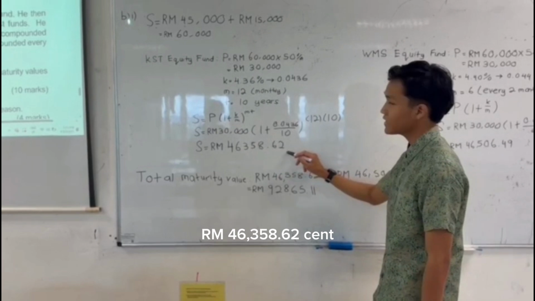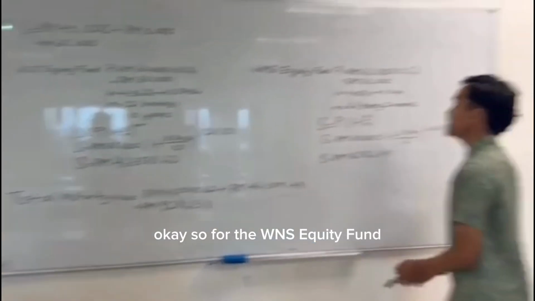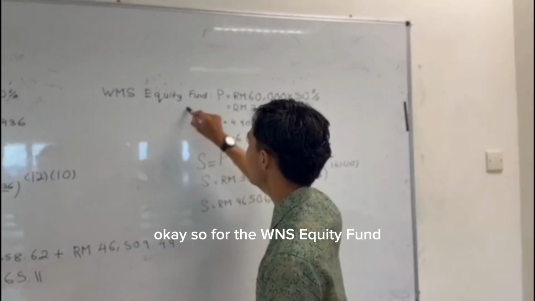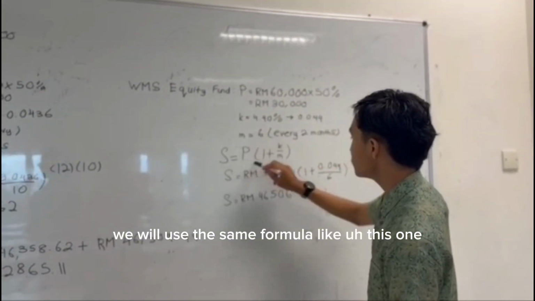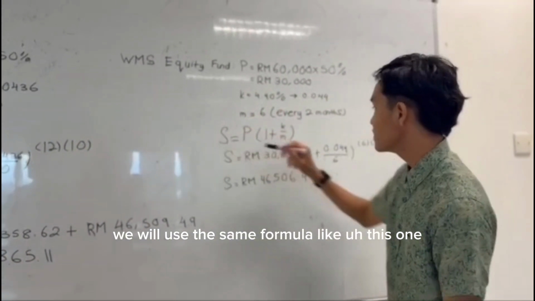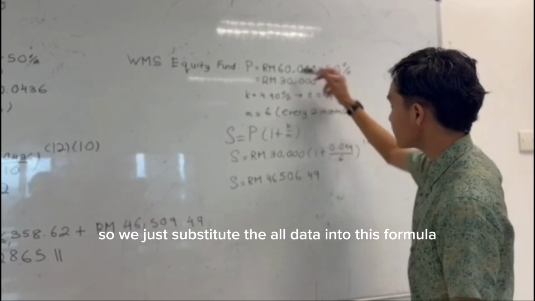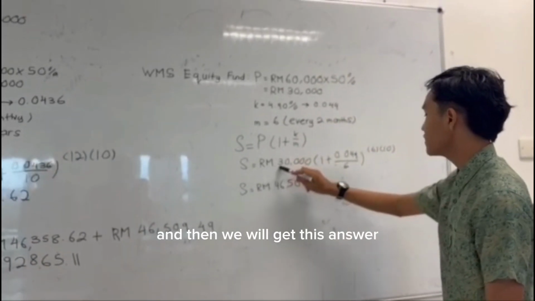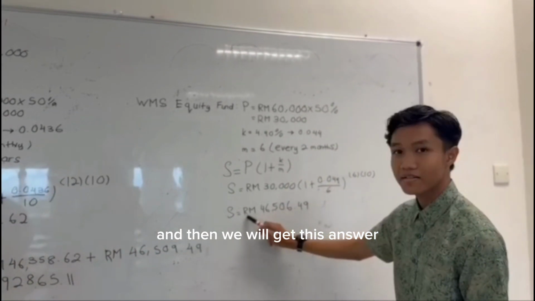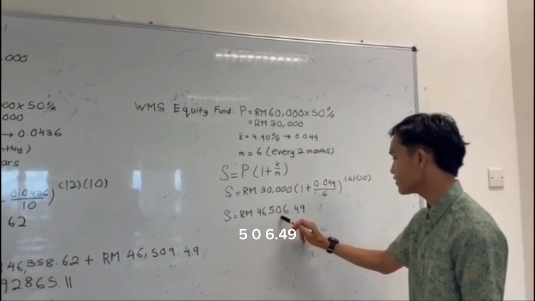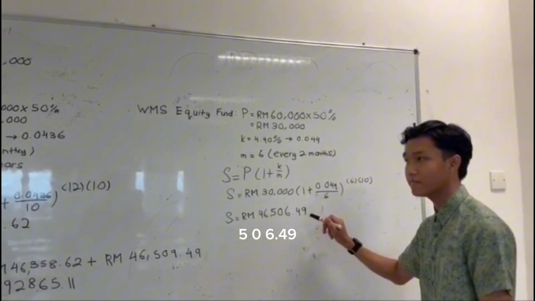The maturity value is RM46,358.62. Okay, so for the WMS equity fund, we will use the same formula. We just substitute all the data into this formula, and then we will get this answer, RM46,506.49.